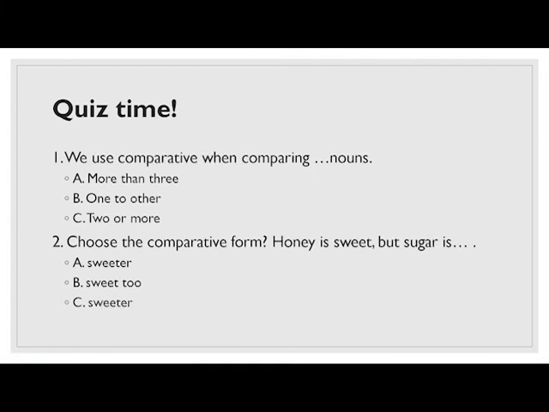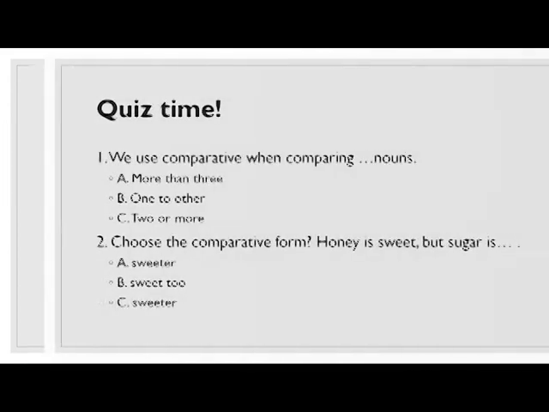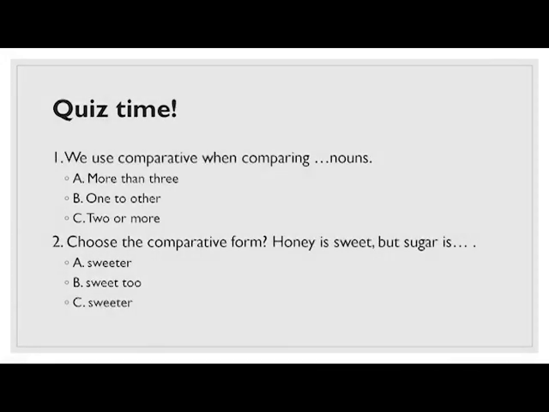So have a look at these questions and we will go through them together in no time. But the first question is, we use comparative when comparing nouns. A, more than three. B, one or other. Or C, two or more. So when do we use comparative adjectives?